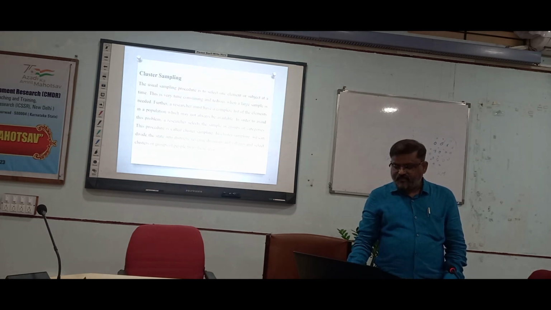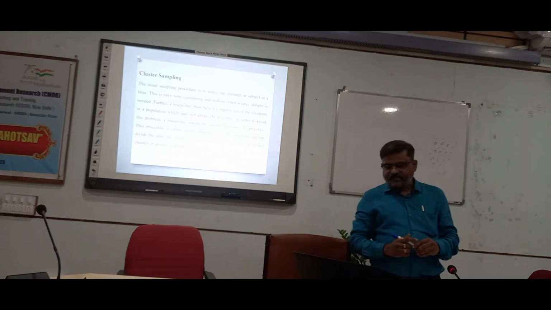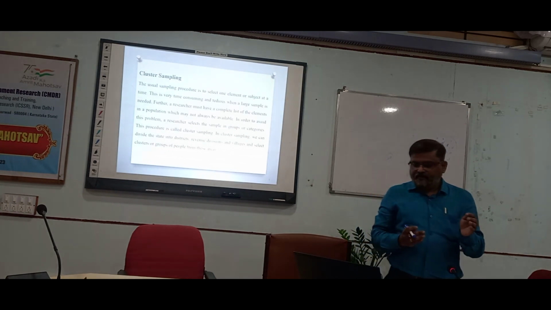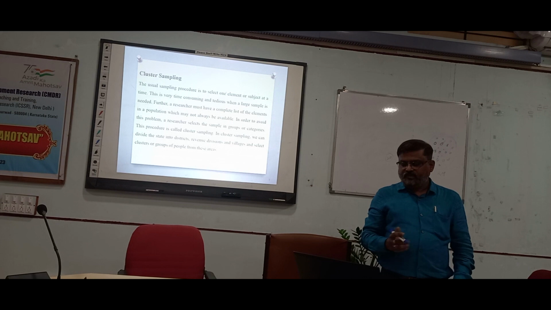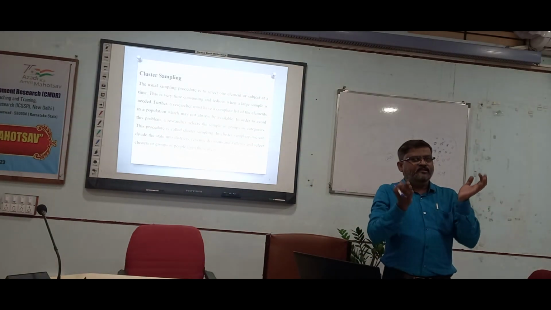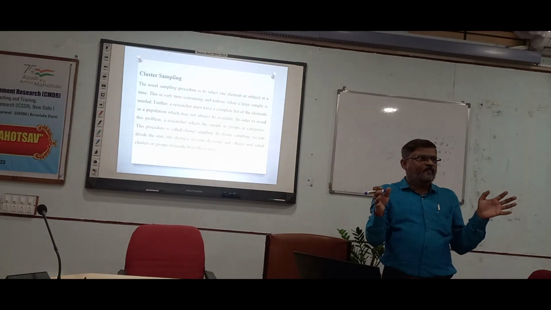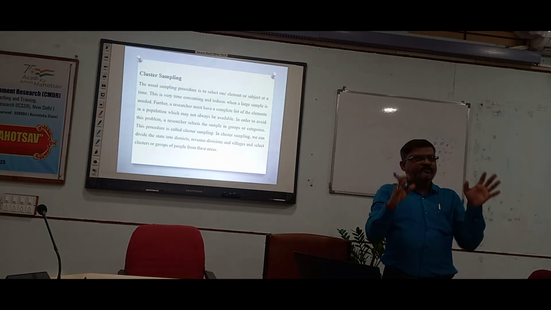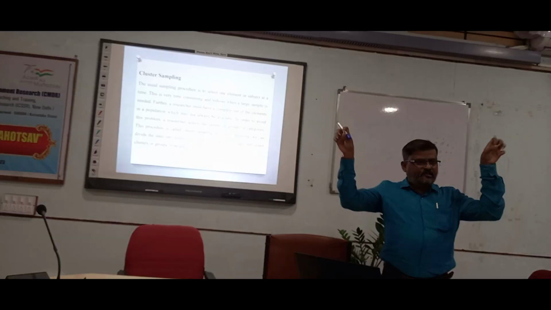Then cluster sampling. Here again we make different clusters. A cluster means a set or group, which we divide into separate clusters and draw samples from the different clusters.